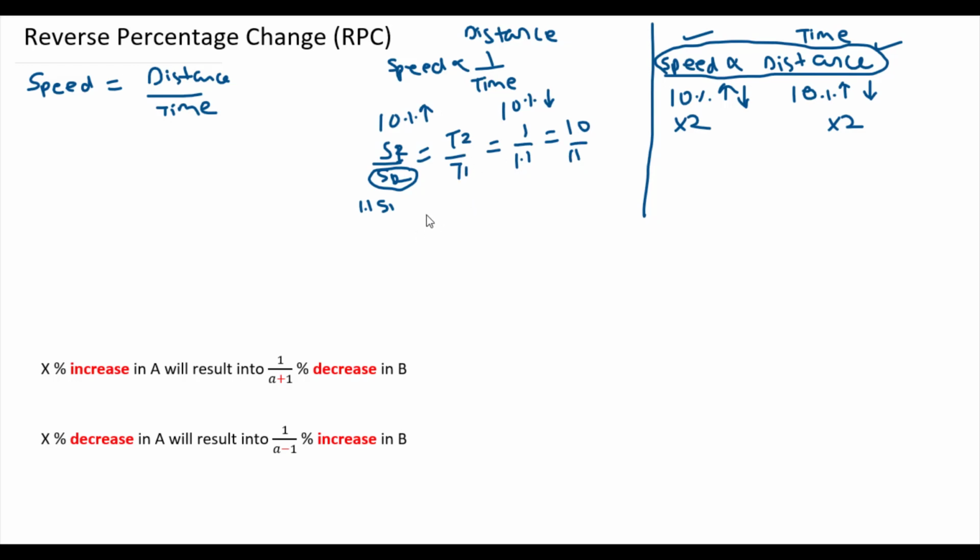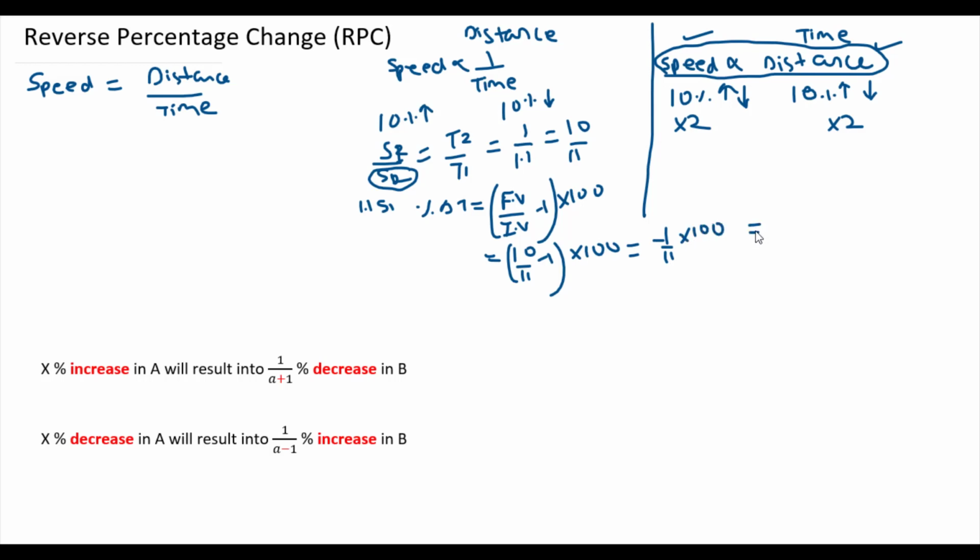If you want to calculate the percentage change in time, we'll use the formula: final value upon initial value minus 1, into 100. We are using the second form, which will be T2 by T1. Now T2 by T1 is 10 by 11, minus 1, into 100, which will come out to be minus 1 by 11 into 100.